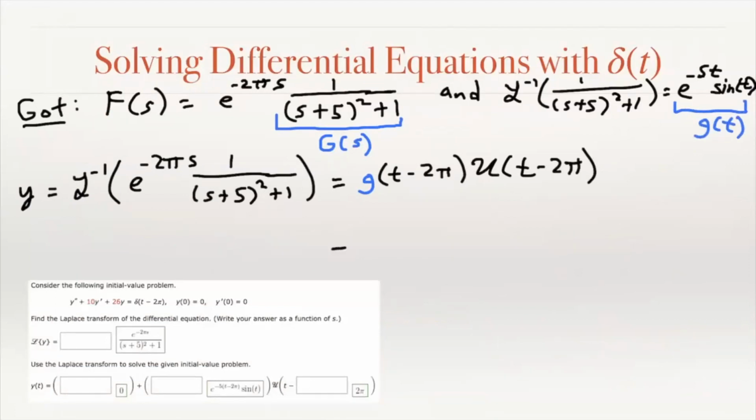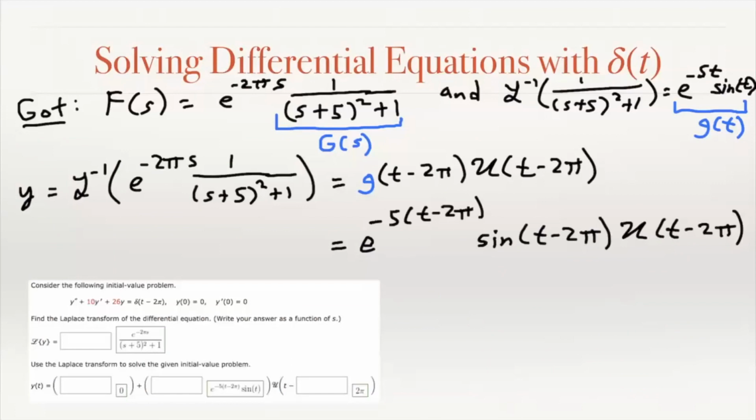So we plug in, and we have this. This is our g of (t minus 2 pi) times u of (t minus 2 pi).